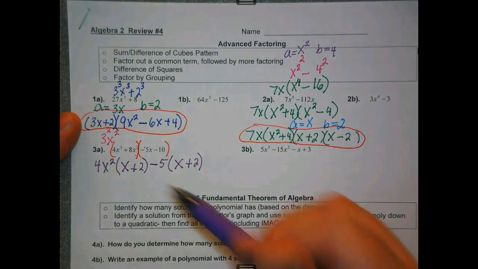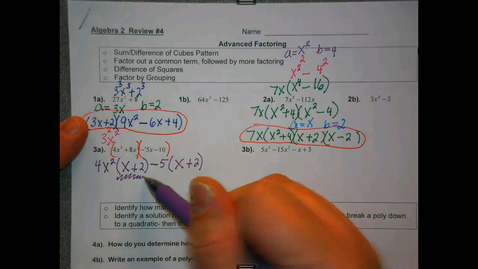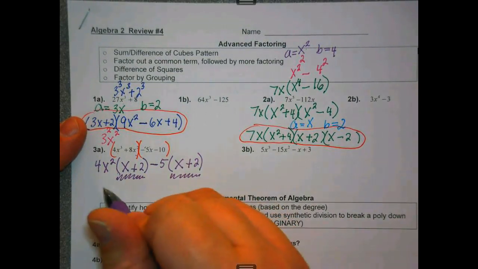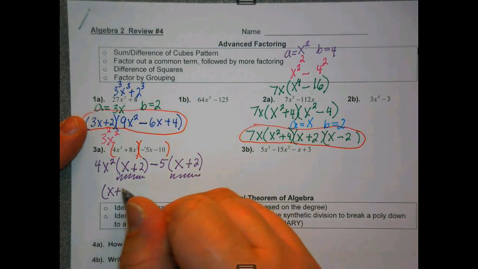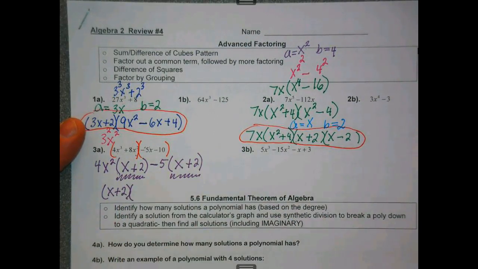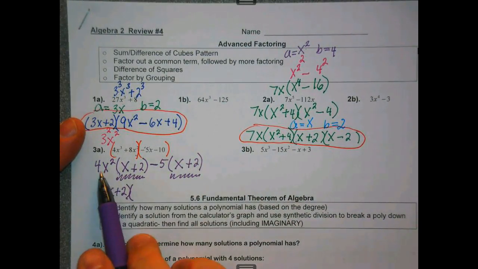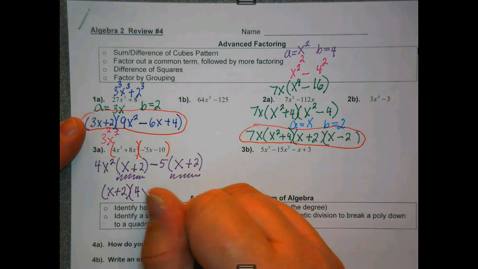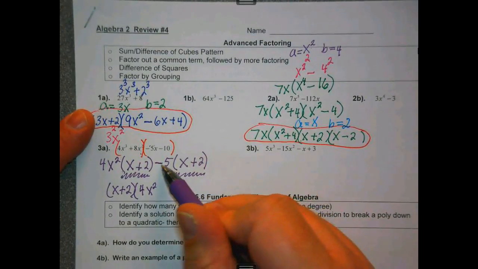The whole idea here is to get the same quantity. Okay, that becomes one of my factors, x plus 2. My other factor, well, that's what I have left over, the 4x squared and the minus 5.